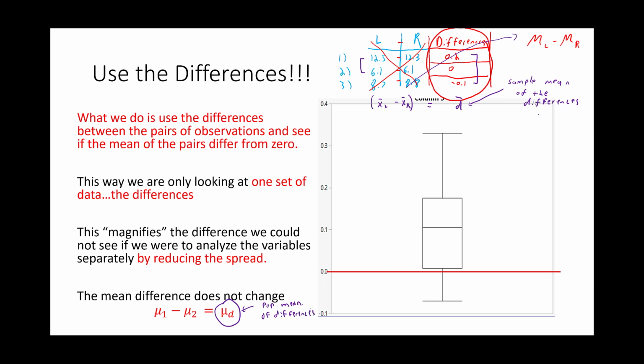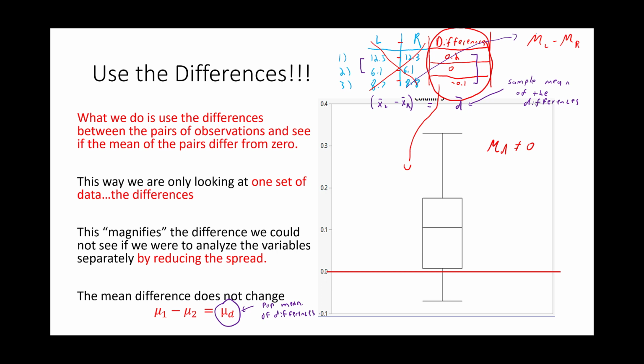And now we can see here on this box plot that we're not comparing two sets of data anymore. We're looking at a singular column of data, the differences. So this red column of data is representing those differences. And now what we're interested in is if mu-d differs from 0.